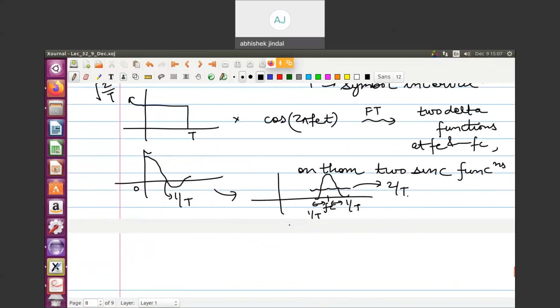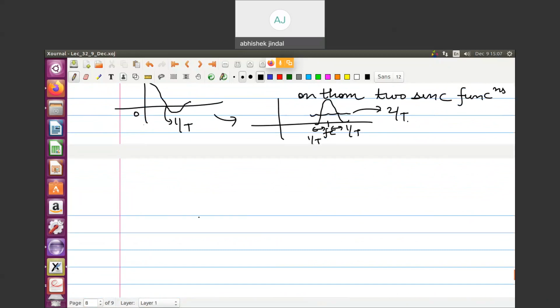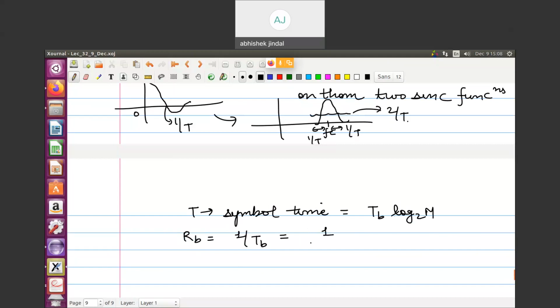So let us now relate each of these terms. T is symbol time, which is equal to TB into log 2 of m. Okay, and your RB is what? Bit rate, that is 1 upon TB, and TB is nothing but T divided by log 2m.